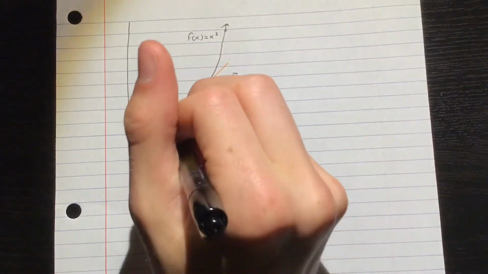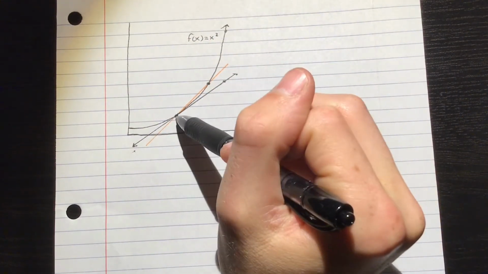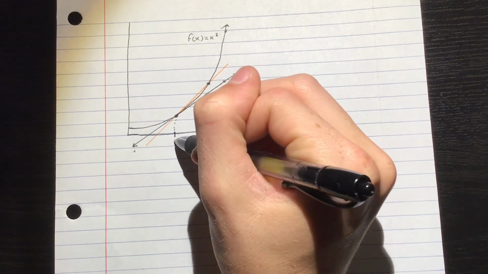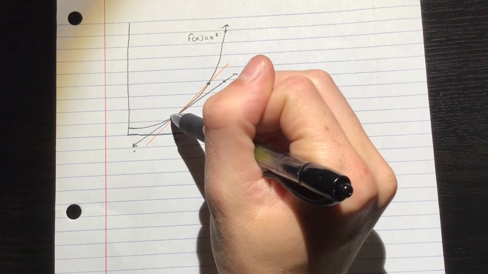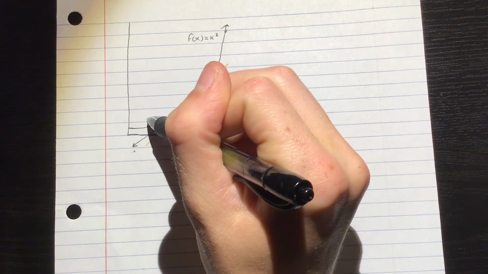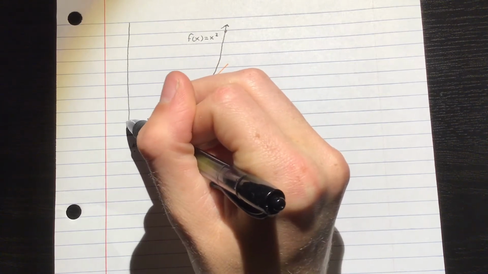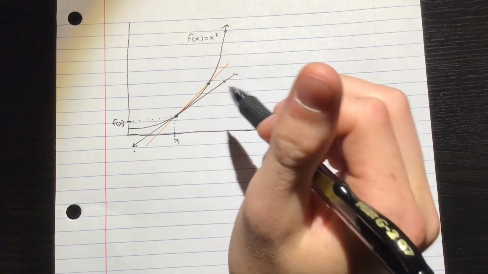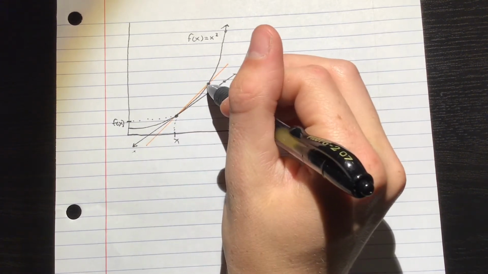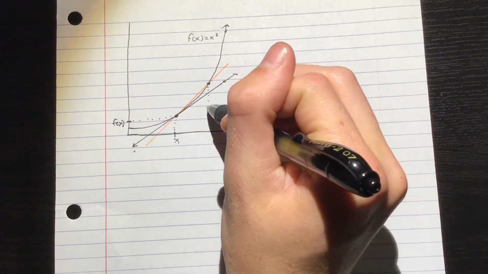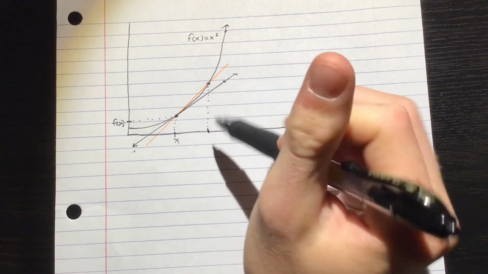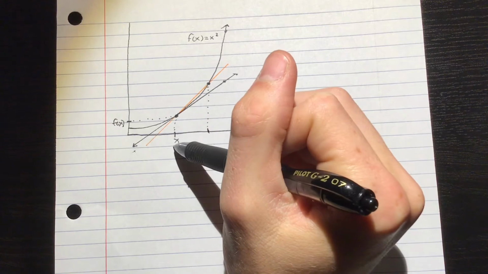If I take this point, so this is our tangent line, it goes through the point. Let's call this x-coordinate x, generic x, and then what would this y-coordinate be? This y-coordinate would be f of x. Now if we go over to our second point, let's define its x-coordinate as just a certain distance away from this x-coordinate.